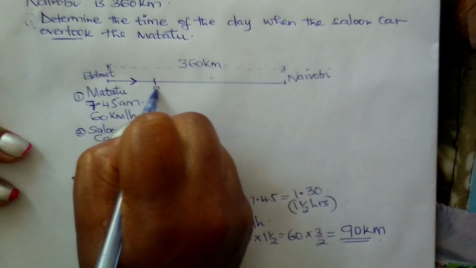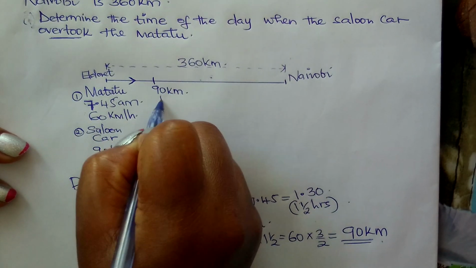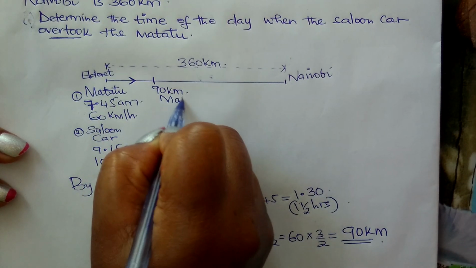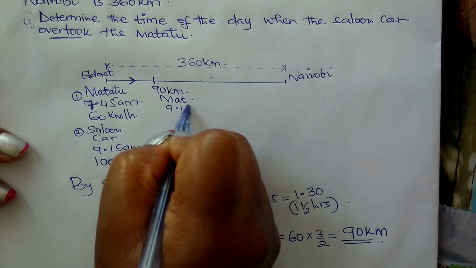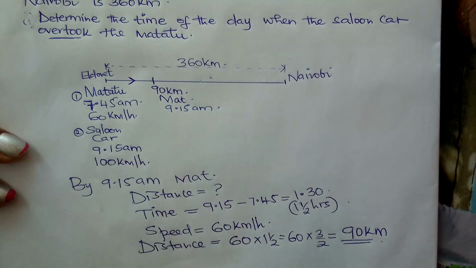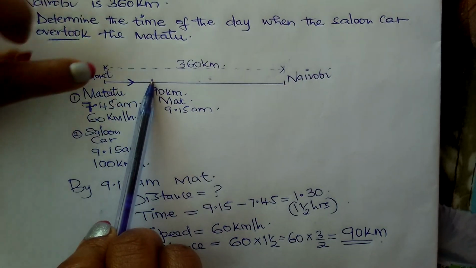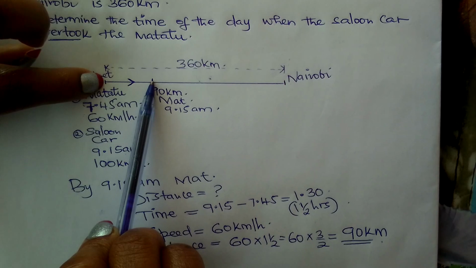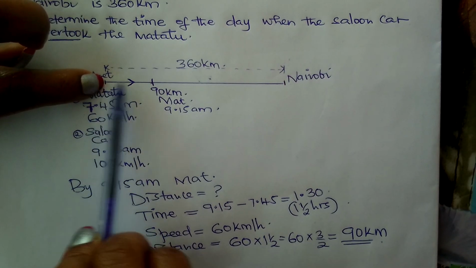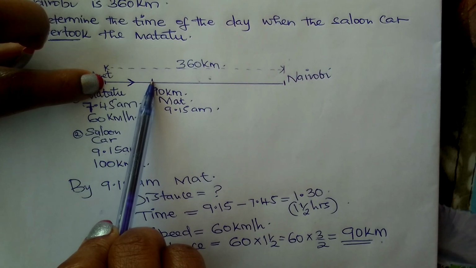Let's say this is the 90 kilometers. So your matatu will now be here by 9:15 a.m. Indicate all that. Look at this, learner. The matatu will be ahead of the saloon car by 90 kilometers. So the distance between them is 90 kilometers.